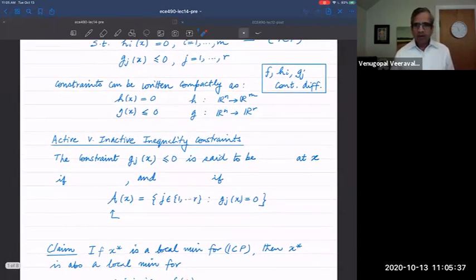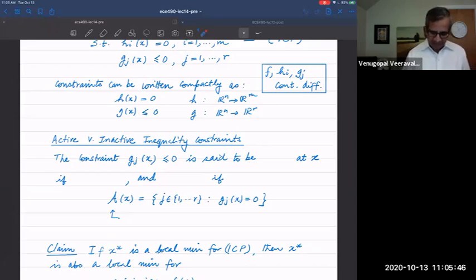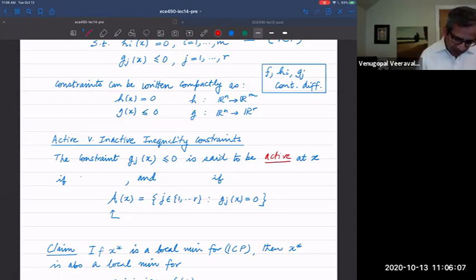All right. So one important consideration when we talk about inequality constraints is the difference between active and inactive inequality constraints. A constraint, say gj of x less than or equal to 0, is said to be active at some point x if gj of x is equal to 0.